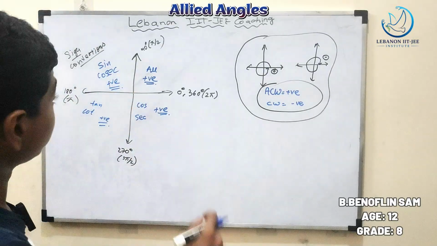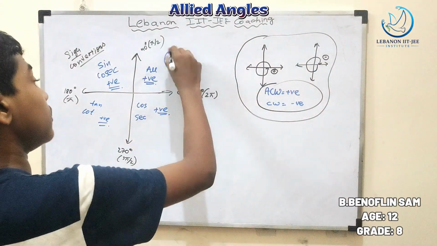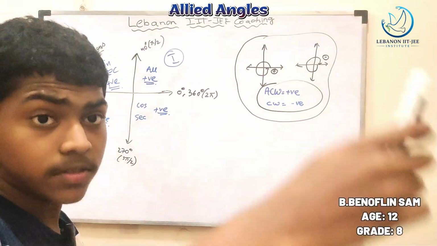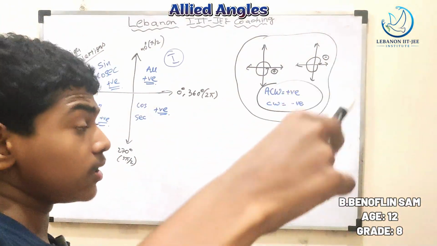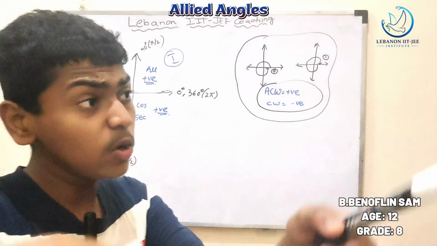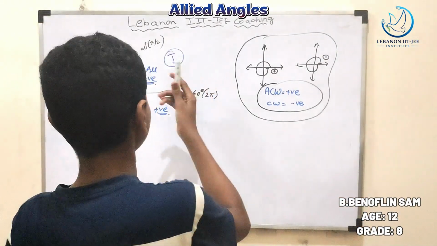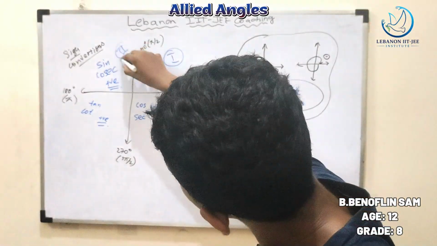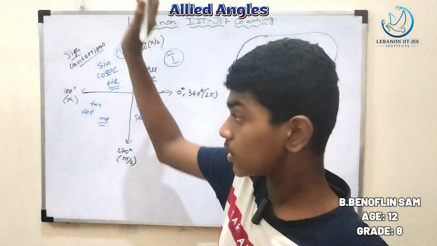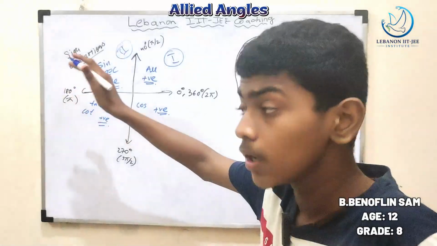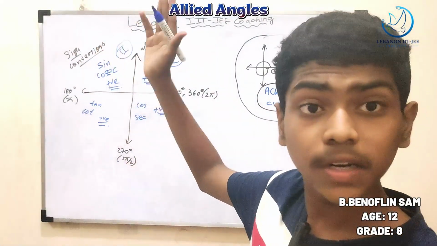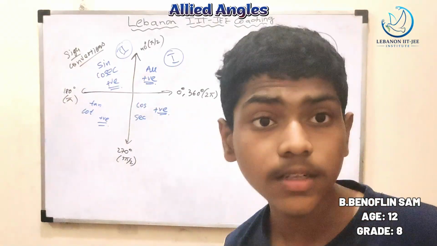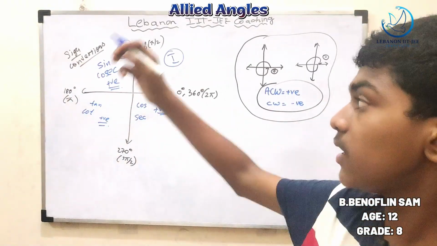What you're seeing is that the first quadrant is above 0 or 360 degree and below 90 degree. The second quadrant is above 90 degree and below 180 degree. So in the second quadrant, sine theta and cosec theta are positive.